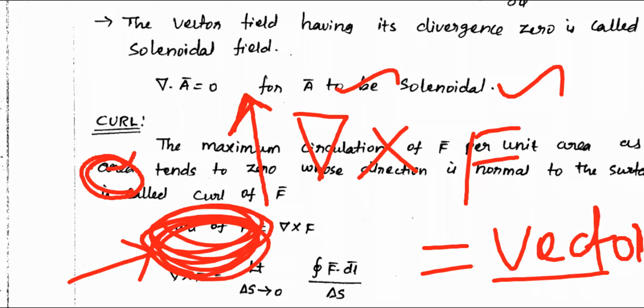That means, what is the result of that rotation? Once you are rotating something, definitely there will be some result for that. And this vector gives the direction of the result and how much result is there. The vector magnitude will give you how much result there is, and also the direction of the result.